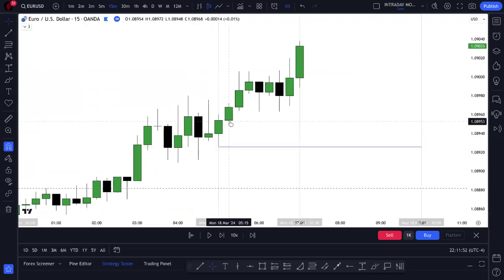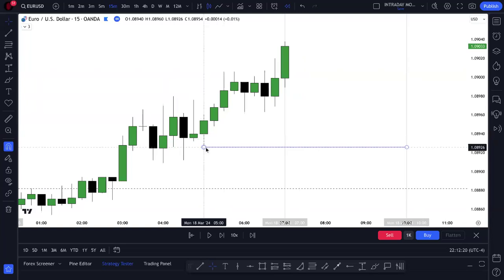A swing low is simply a candle between two other candles. It takes 3 candles to make a swing low, or 3 candles to make a swing high, or 3 bars, right? This low is higher than this candle's low. This low is higher than this candle's low. So this makes that the swing low. It takes 3 amigos, 3 friends, 3 pals to make a swing low.